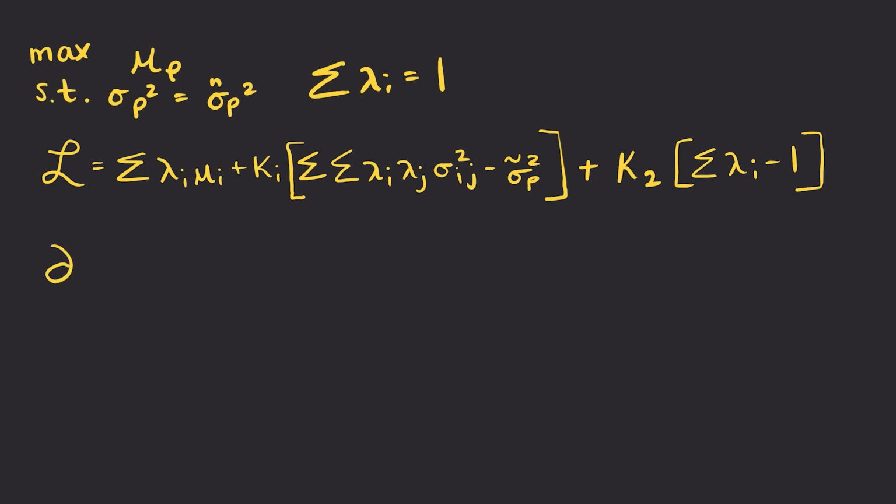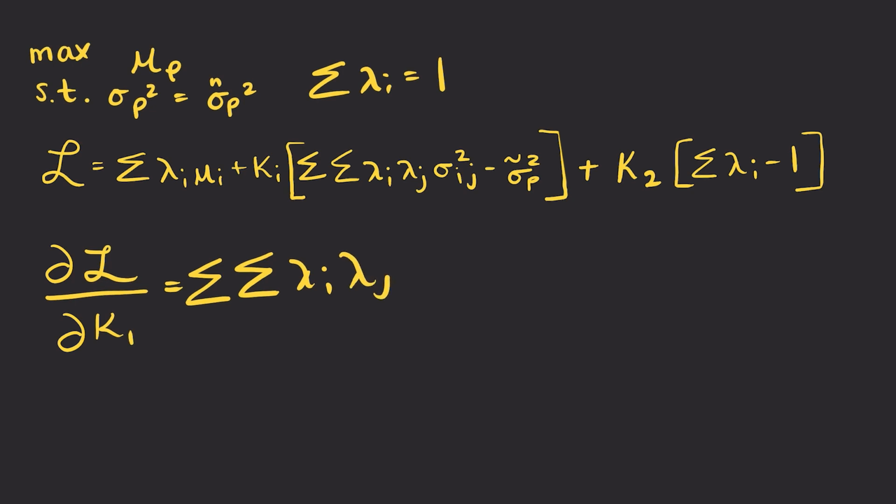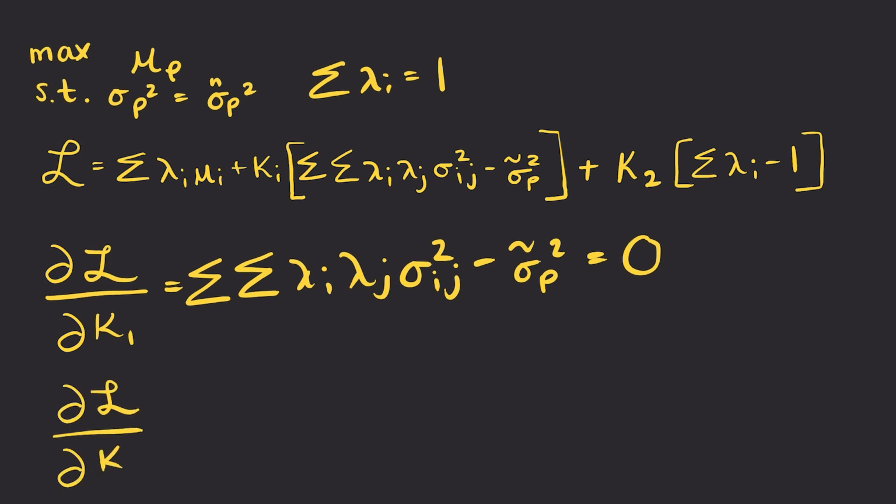So if we were to do that, what would we get? Well, dL/dkappa 1 is going to just equal this constraint. So if we're optimizing with respect to the Lagrange multipliers, we're going to ensure that whatever solution we have is going to respect the constraints.